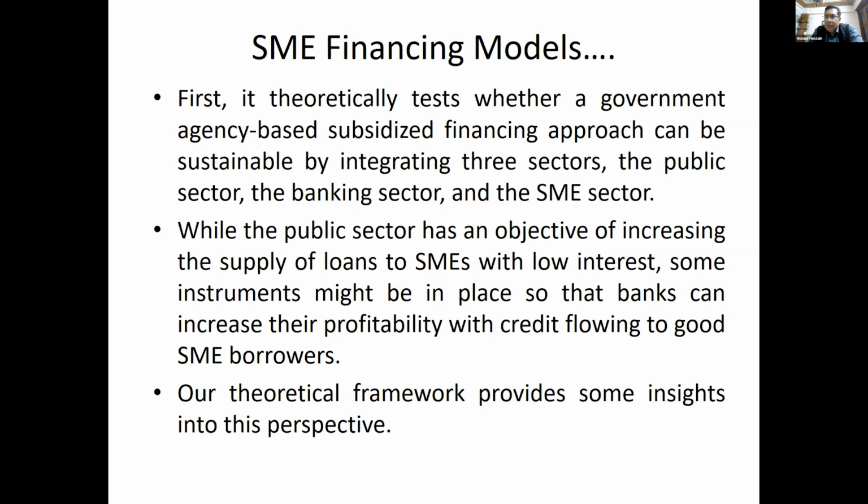So we consider three sectors. One is the government sector, because the government has policy objectives to provide adequate funds to the SMEs. The bank is also involved in the SME sector. So three sectors are involved in this process.